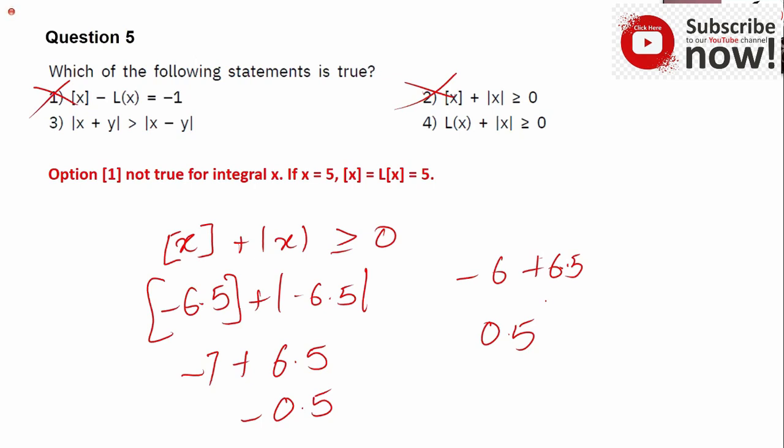So for positive, it was definitely true. For integer, if I'm talking about a positive integer, then definitely true. If I'm talking about a negative integer, say minus 6, then the least integer of minus 6 is minus 6 and mod is plus 6. So minus 6 plus 6 is 0, which is equal to 0, which is still acceptable.